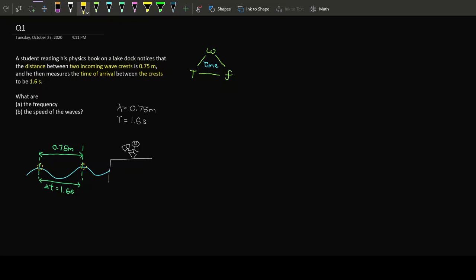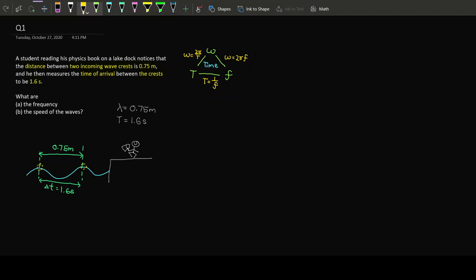You can convert between them using these formulas: omega equals 2 pi f, where omega is angular frequency and f is frequency; T equals 1 over f; and omega equals 2 pi over big T. Nothing changed from last time. All these represent time, just in different ways.